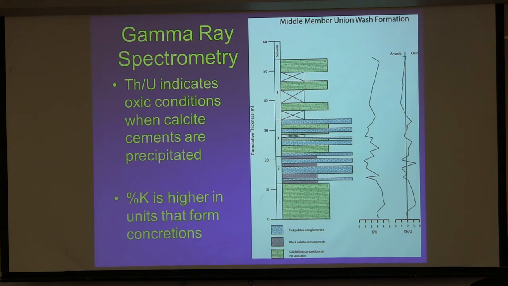Which makes some sense because when the calcium carbonate cements are precipitated, you have oxygenated waters mixing with a hypercapnic environment. And the K percentage is higher in the units that form concretions, but is not really significantly different throughout the section.